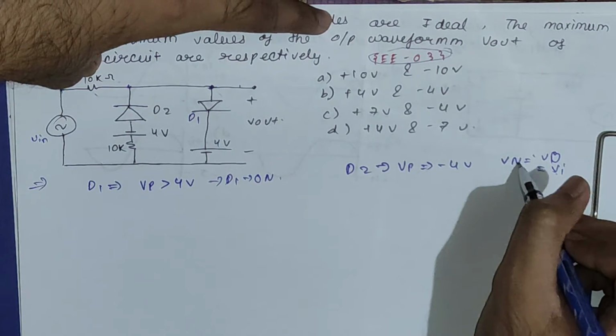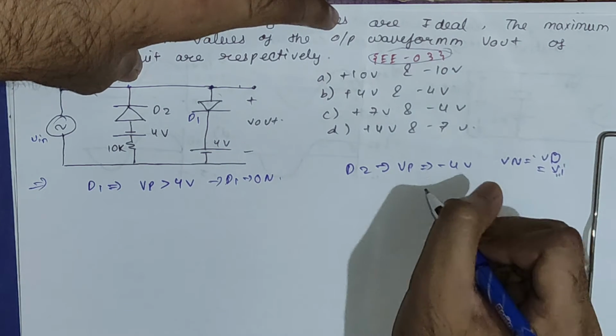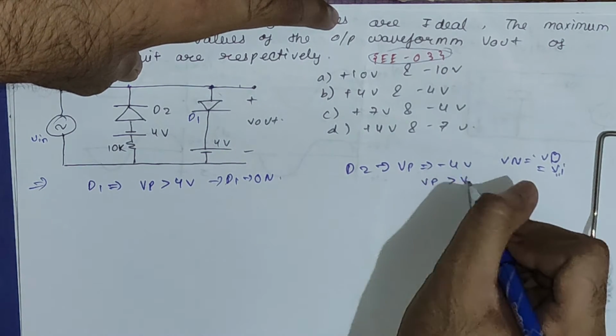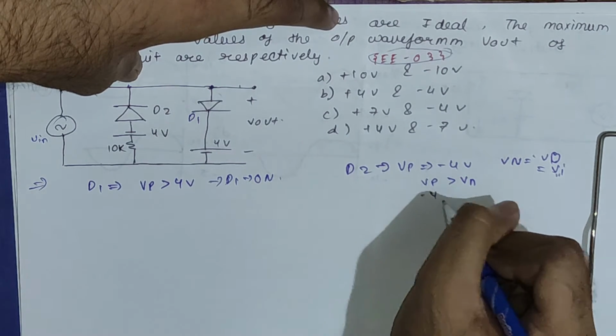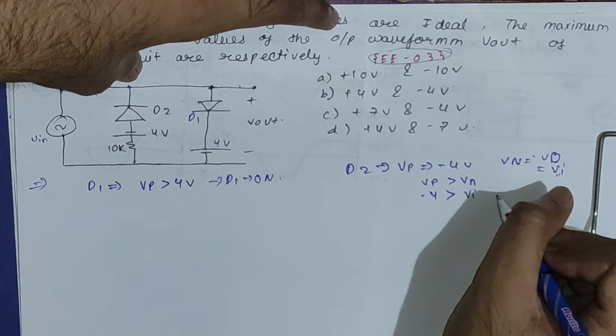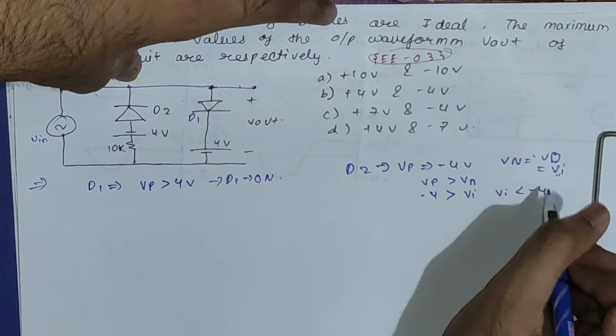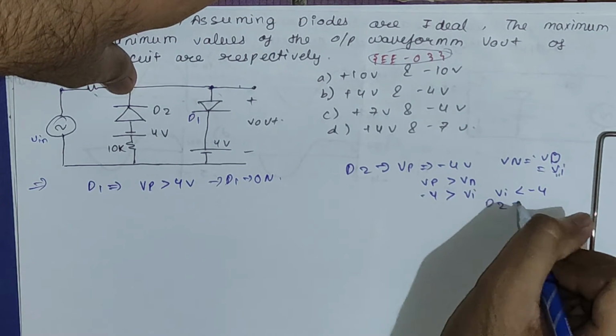That's what I have written here: Vn equals Vo equals Vi. For on condition, Vp must be greater than Vn. Vp is minus 4, which should be greater than Vn, nothing but Vi. So we can say Vi should be less than minus 4 for diode D2 to be on.